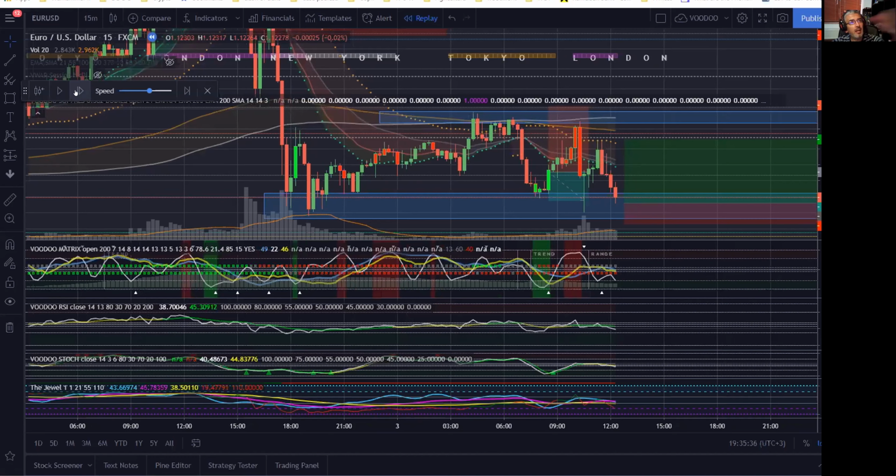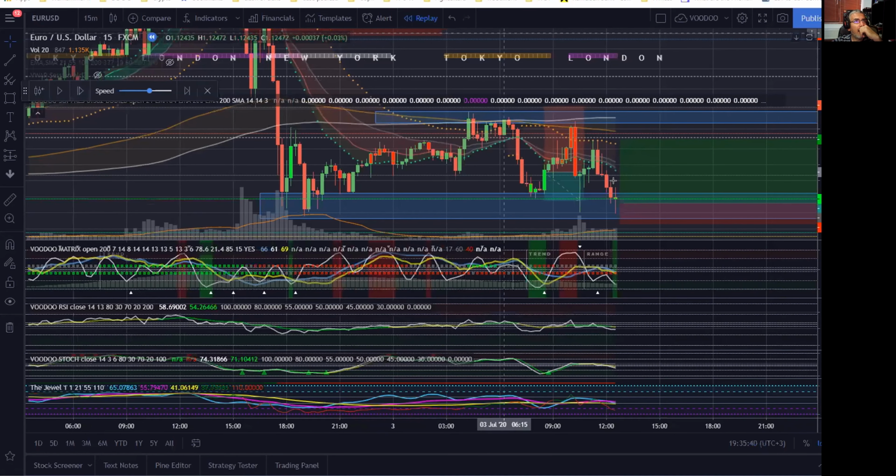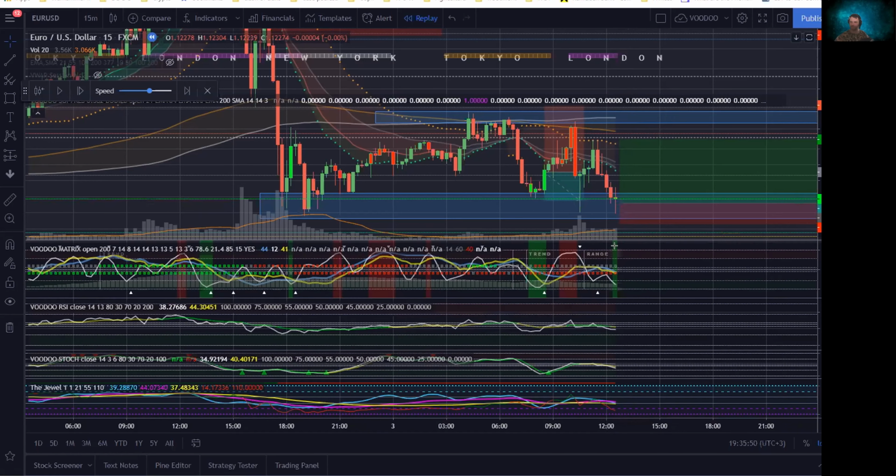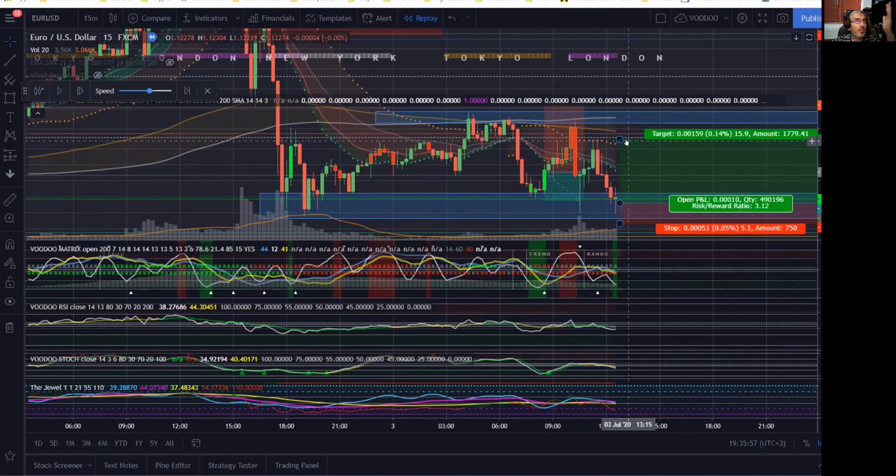Now the white line turns down. I want it in the critical zone. At this point, I was planning a trade like this. Enter around here, let's say, in the blue box, with a stop loss below the blue box, and with a take profit, I put it like this.